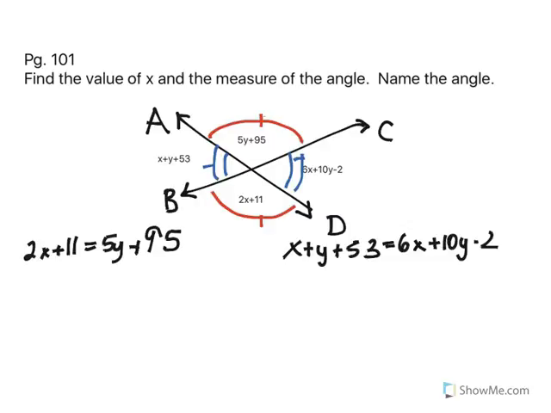Okay, and then that is my first equation, and then I'm going to set these two angles equal to one another, and that will be my second equation. Okay, and now we just have to simplify each side, so that way we have all of the x's in a row, all of the y's in a row, and all of the numbers in a row. So I'm going to reorganize the equations like that.